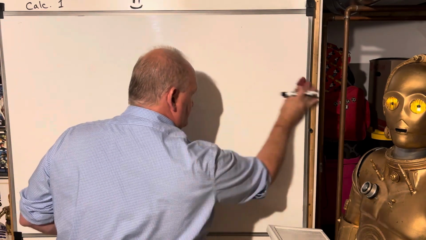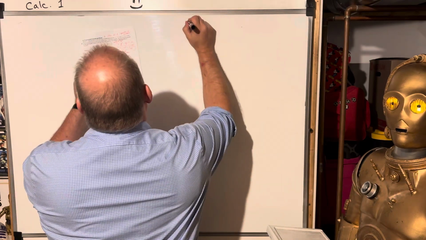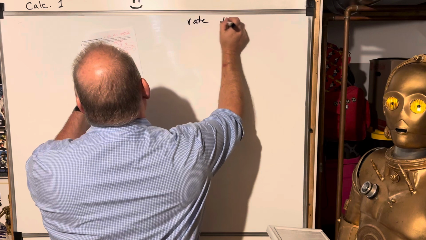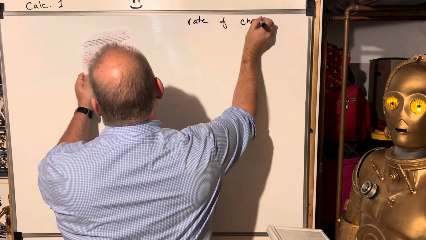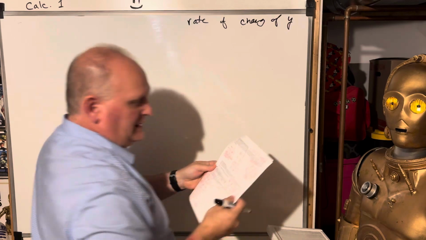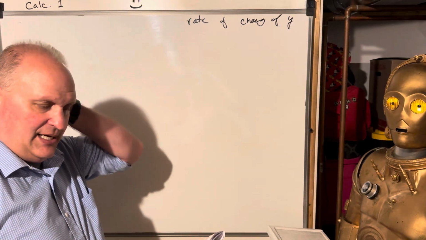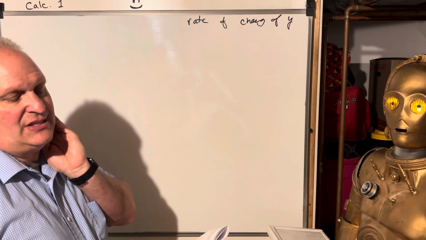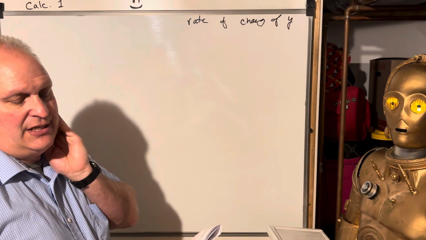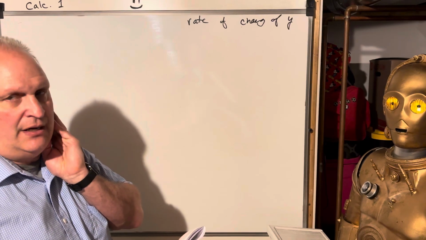The rate of change of y. A lot of people think that was a miscue. It's not. It says many application problems state that the rate of change of a variable y is proportional to the value of y.